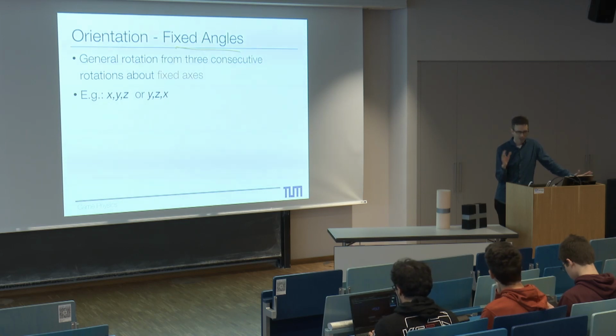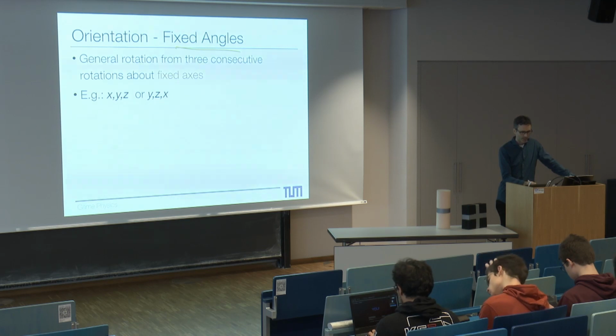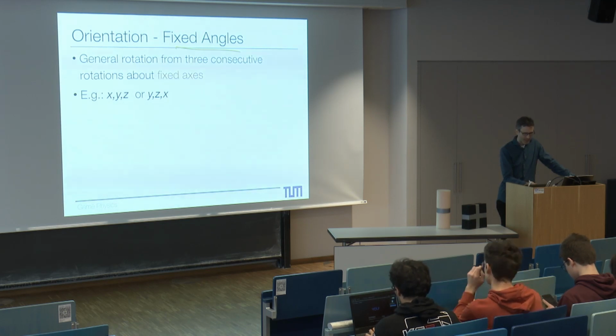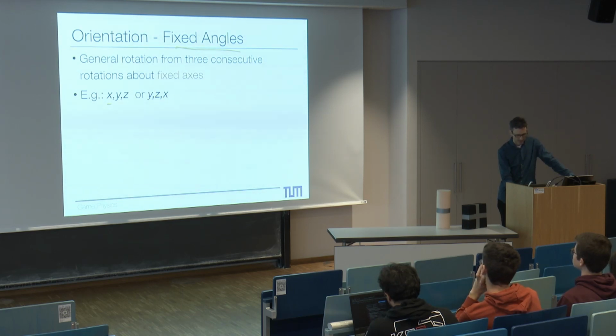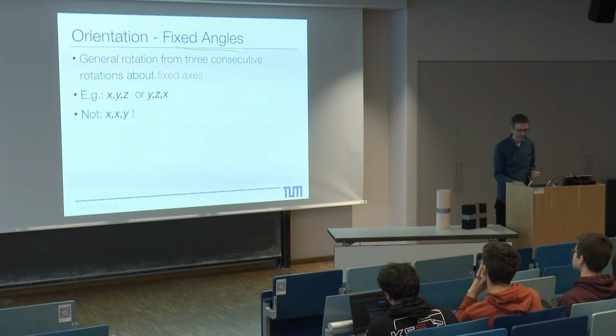It actually doesn't matter which one you define, that's mathematically equivalent. But we could say, well, we first rotate by x, by y, and then by z. That's our final answer. You could also say, first y, then z, then x. That doesn't matter, as long as you don't take a single axis multiple times. Just any permutation of these three would be fine and leads to the same answer.